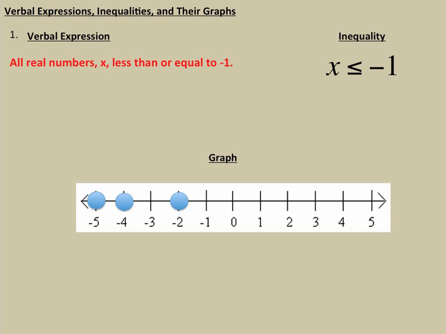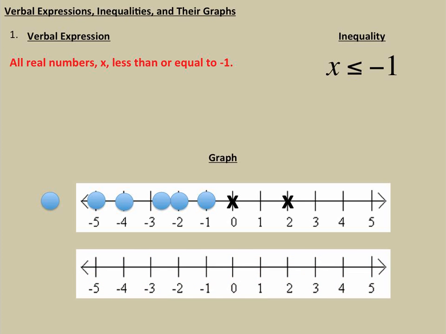Those are solutions. -5 is less than -1. -10 or whatever number's further to the left is also less than -1. -2.5, so it doesn't have to be a whole number. It could be an integer or a decimal. And -1 is also a solution, because it could be equal to -1. Other numbers like 0 are not less than or equal to -1, so that does not work. 2 does not work. Okay?